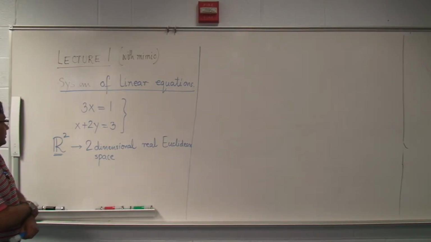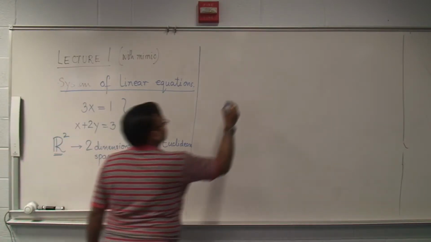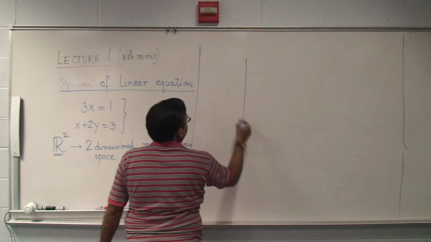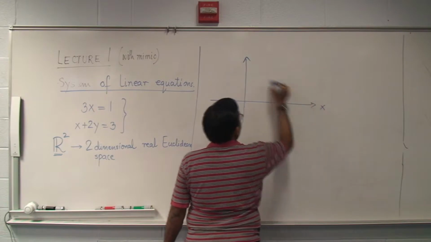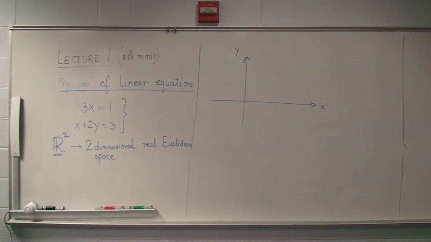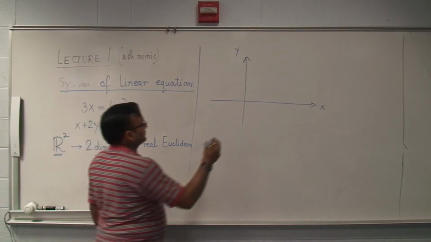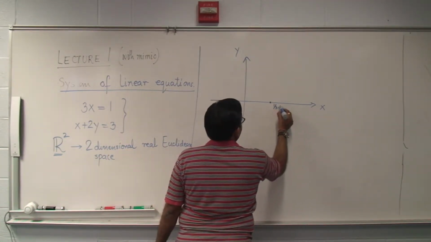And we will try to interpret 3x = 1 and x + 2y = 3. So what does this system actually represent? We were in a 2-dimensional setting in R2. Suppose this is my x, this is my y. This 3x = 1, as we saw in the previous example when I was using x = 1, represents a line which passes through the point (1/3, 0).